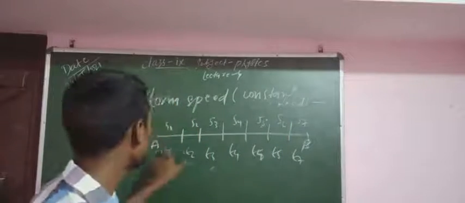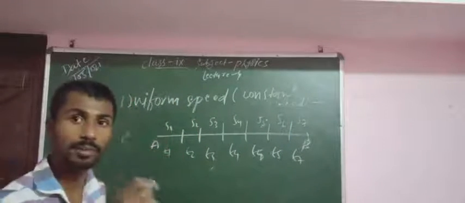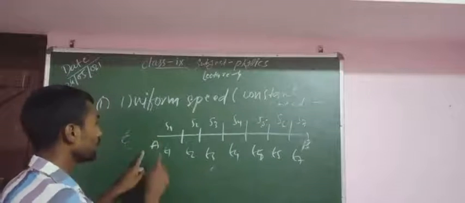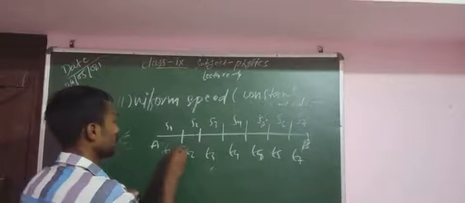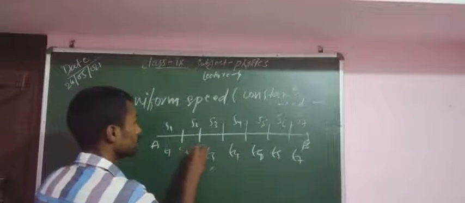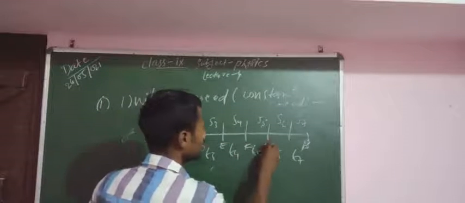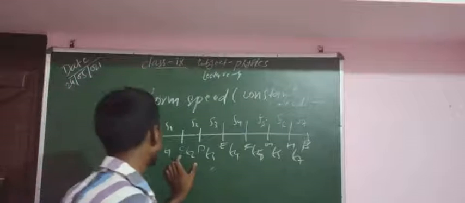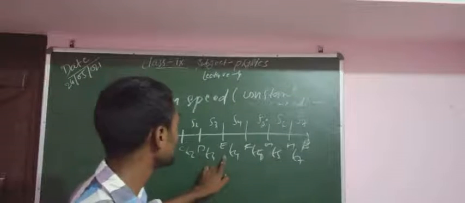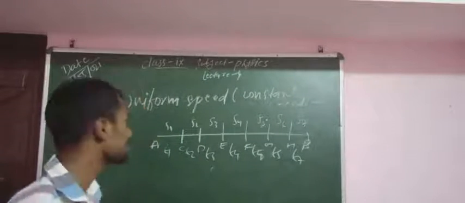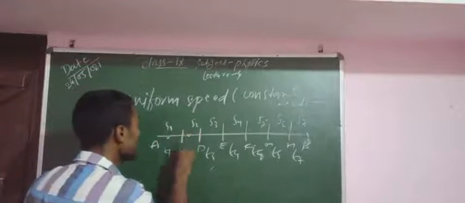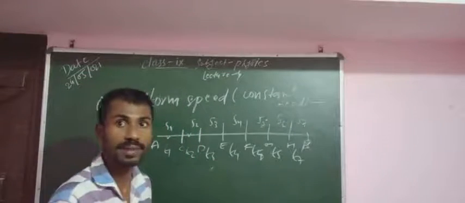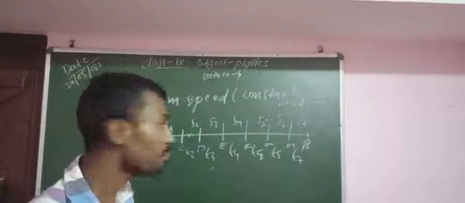That means points A, B, C, D, E, F, G, H. AC will be equal to CD, and so on. If a body covers equal distance in equal intervals of time, that means the body has uniform motion.